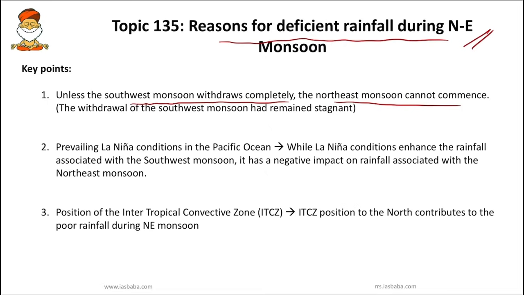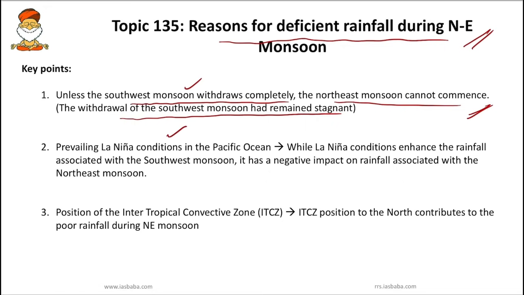Only after the complete withdrawal of the southwest monsoon from the country, around mid-October, does the wind pattern rapidly change from southwesterly to northeasterly. And last year in 2020, we experienced deficit rainfall during the northeast monsoon because the withdrawal of the southwest monsoon remained stagnant. So this is one of the reasons.